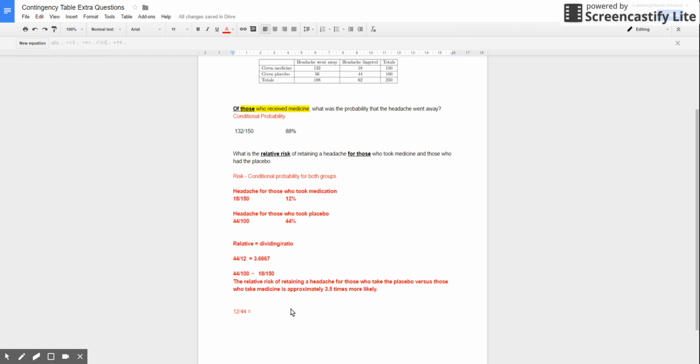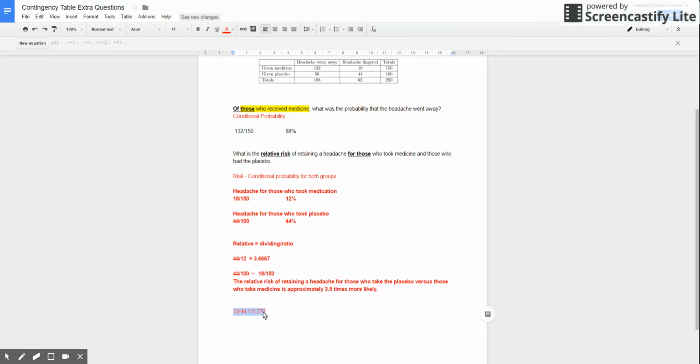So this is 0.272. If you get this, it's a bit harder. What does this mean in words? This means those who took the medication are 0.27 times more, exactly. So we're saying 0.2, that means it's less than. If you're stuck, if you find a relative risk that is less than 1, that's not good terminology, right?